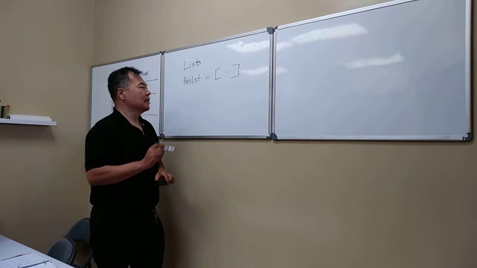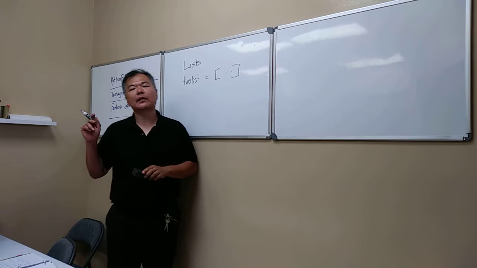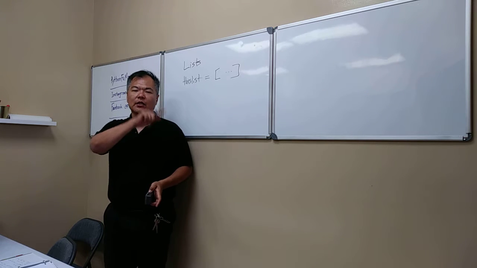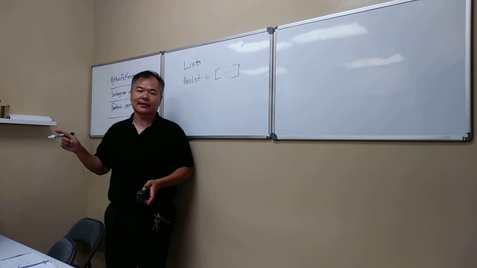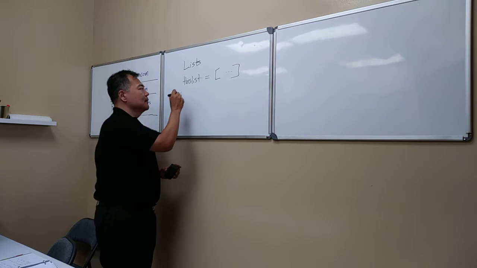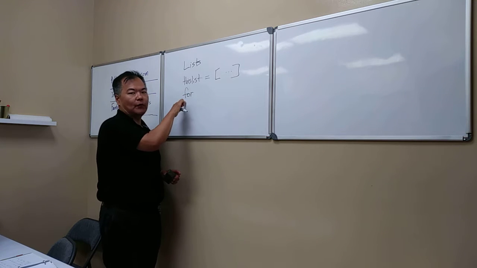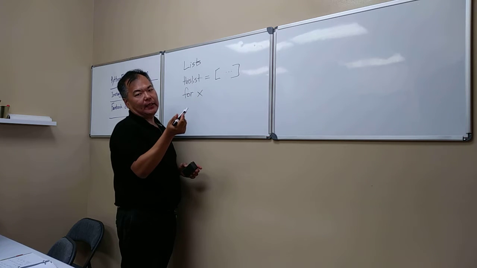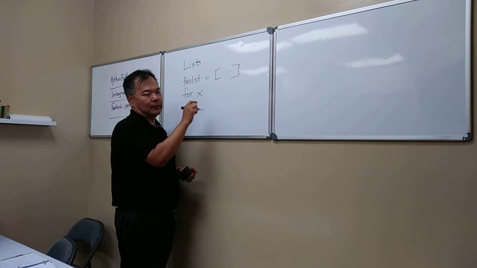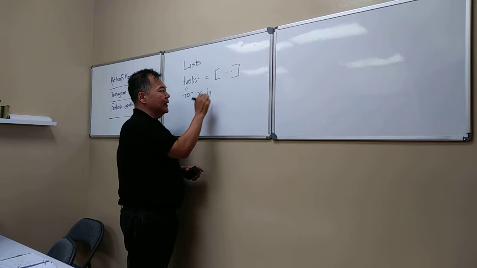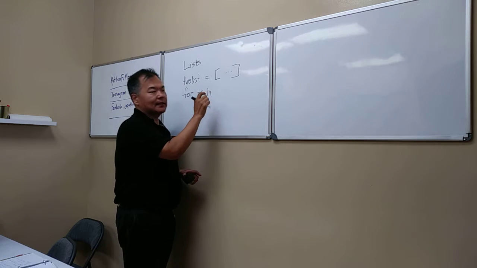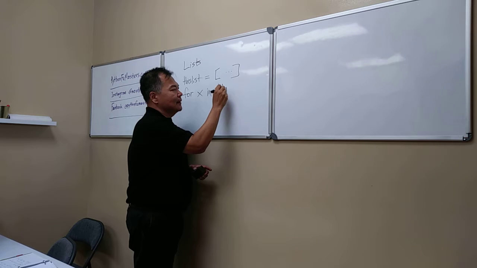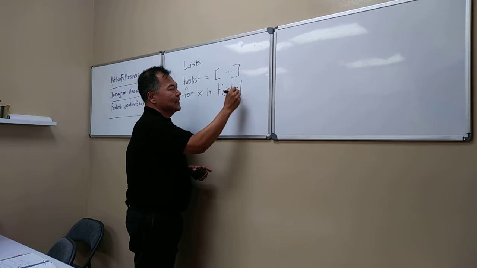We're almost done. Now, let's say I wanted to use a for loop to go through each item in the list. How would I do that? First, I use the keyword for, and then I put in x. It could be any variable, but let's use x. Then for x in, and then the name of the list, thislist.